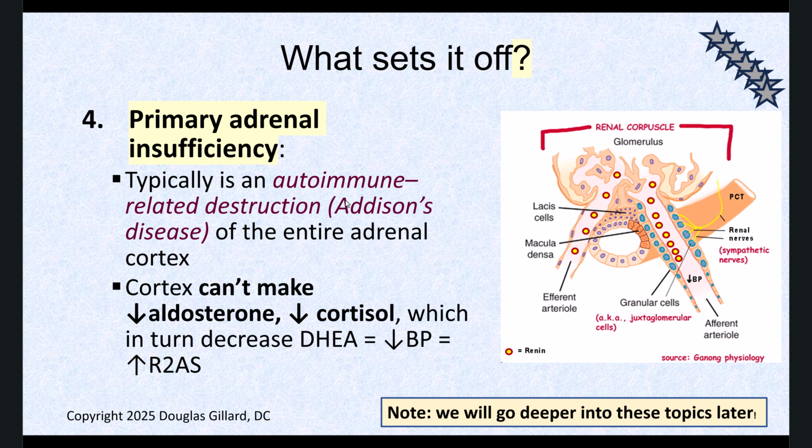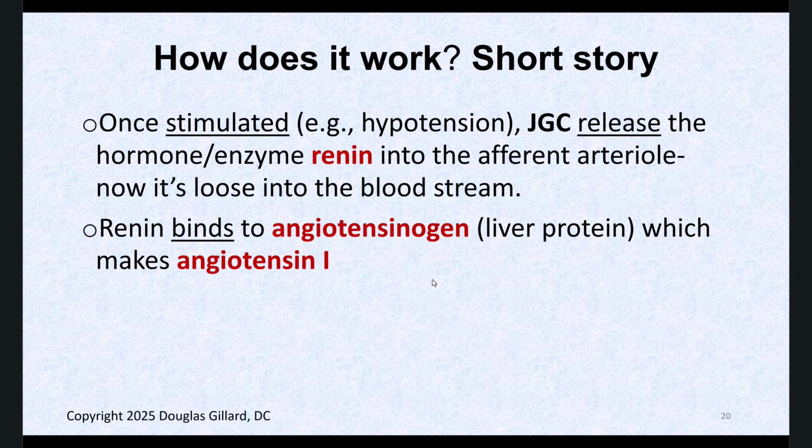But Addison's is only the autoimmune subcategory of primary adrenal insufficiency, because we can have infectious, cancerous, or blood vessel or aneurysm types. But anyway, bottom line is the adrenal cortex is damaged and it can't make any of its steroids. No aldosterone, no cortisol, no DHEA, nothing like that. Okay?